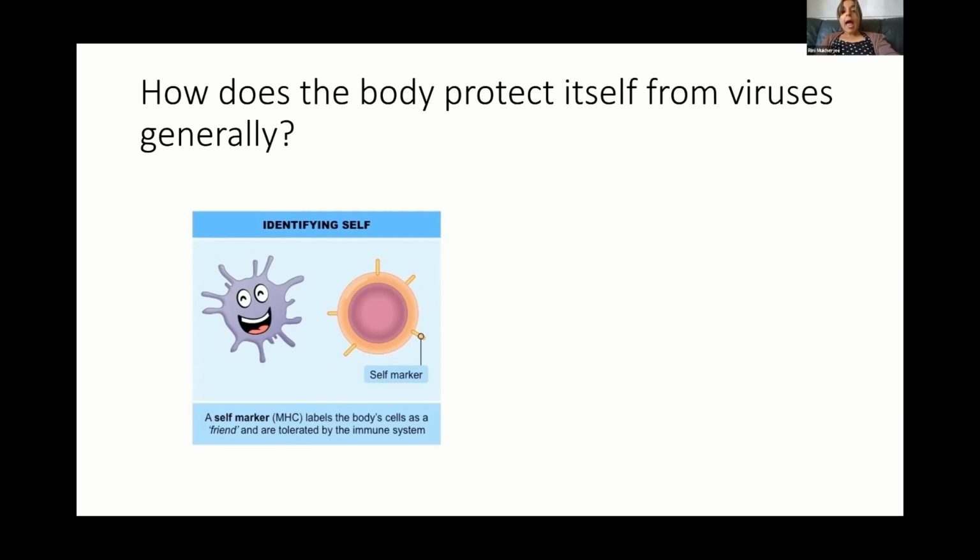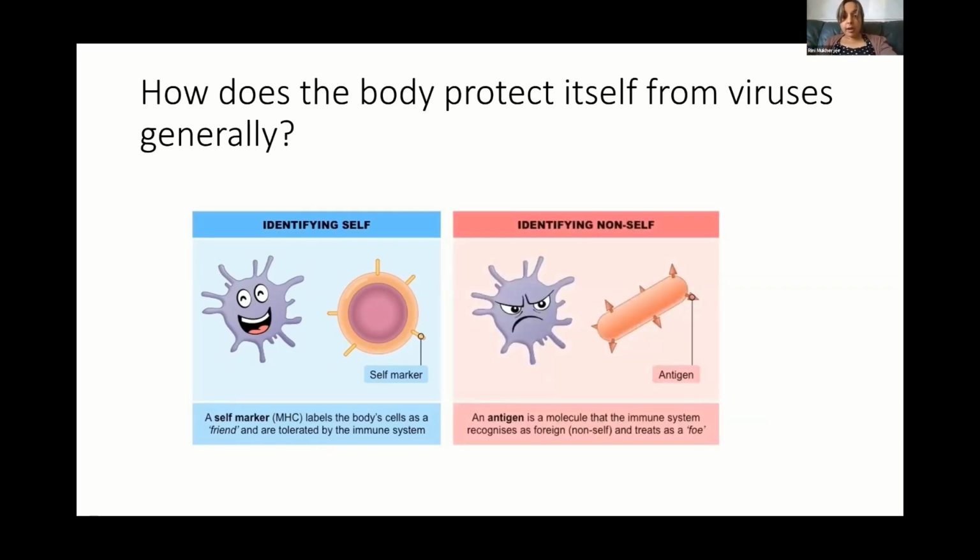However, what if a foreign pathogen like a virus or a bacteria or a fungus enters your system? They won't have these ID cards that tell your body that those cells are from your body. So basically, these particular cells will be recognized as being non-self. Any foreign virus or any foreign bacteria that will invade your body will not have these self markers. They will have foreign markers, which your white blood cells will not recognize.